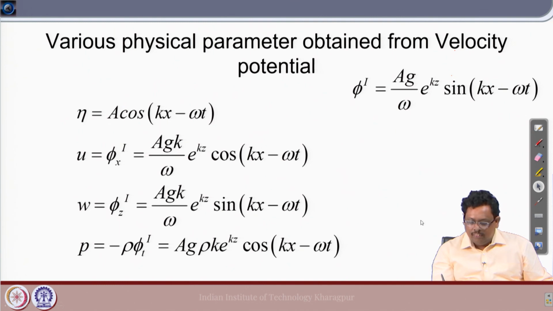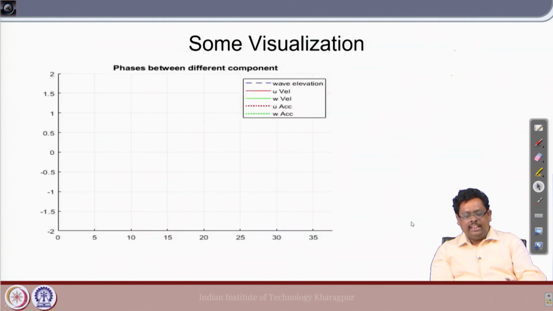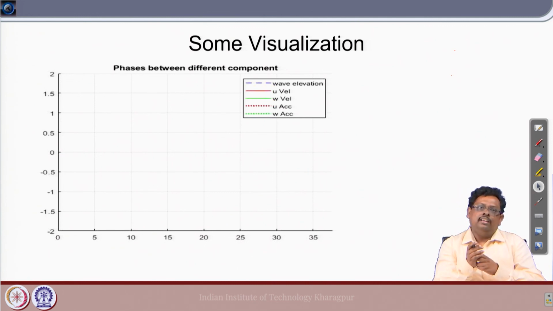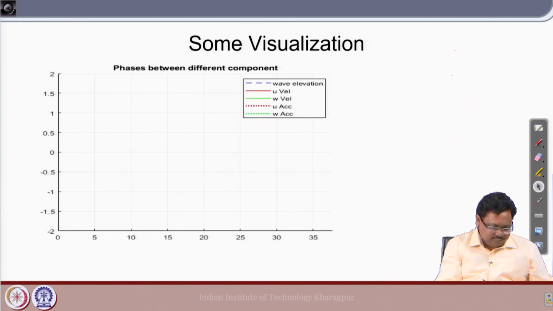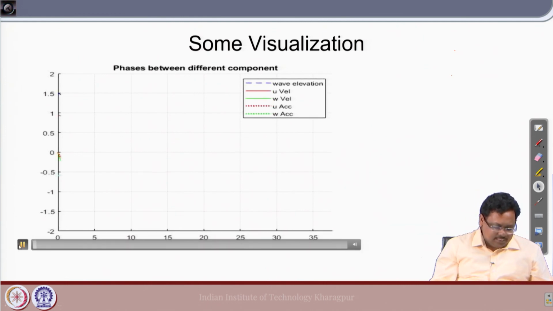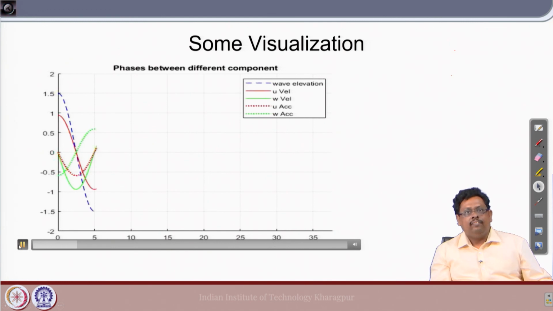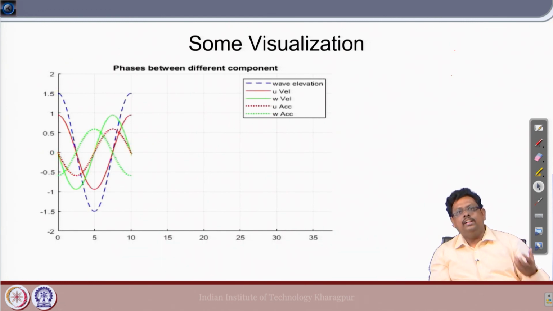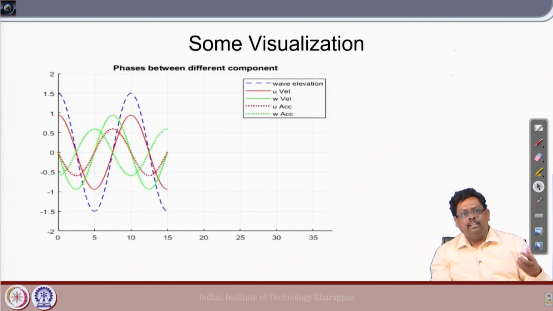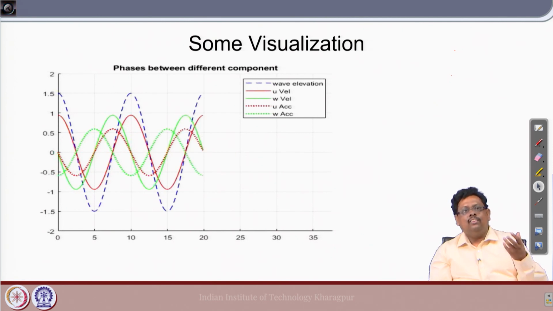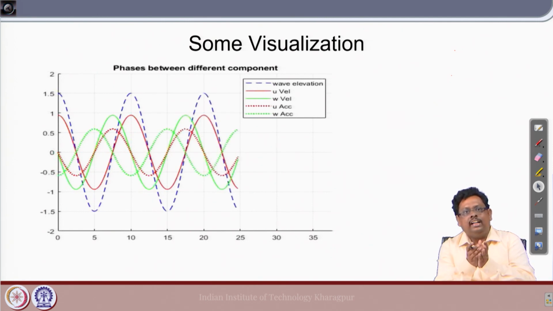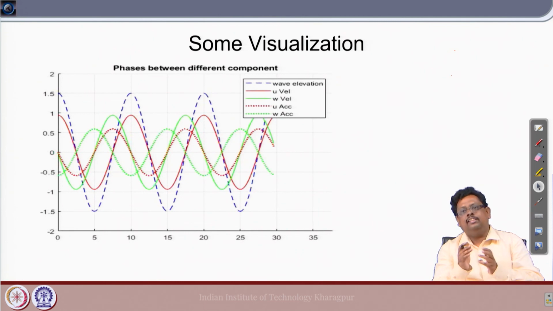Now, here is some visualization that tells you about the fact that everything cannot peak at the same time. You can see that u velocity, w velocity, acceleration and acceleration in the w direction are all not peaking at the same time, it is a phase.